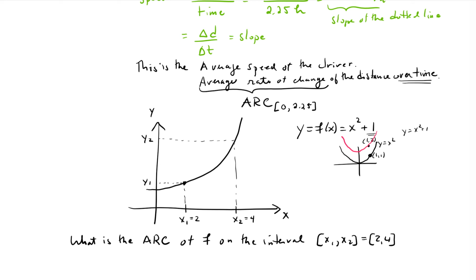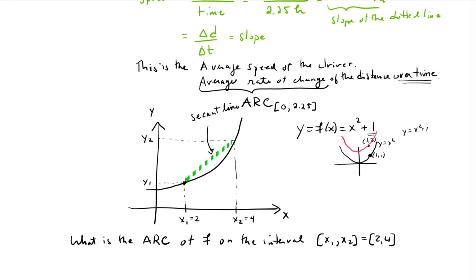Okay, and just like for the speed problem before, the average rate of change is just going to be the slope of the line connecting the 2 points. We call that line the secant line. So this is called a secant line.